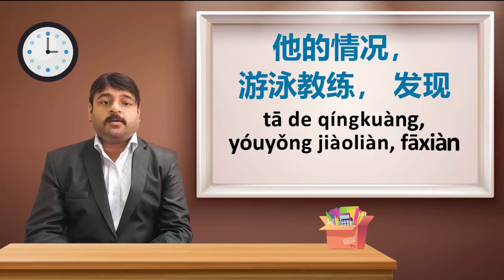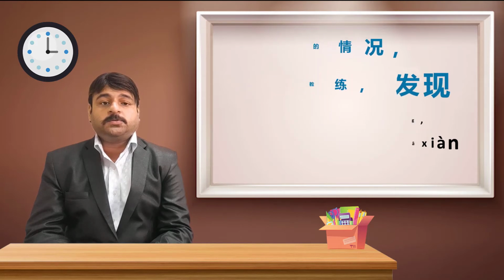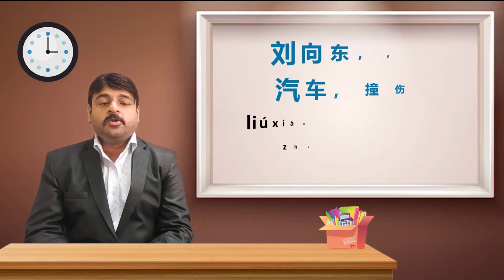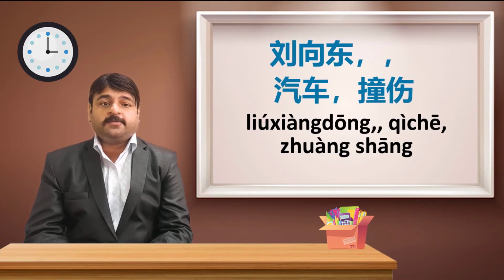他的情况 his situation. 游泳教练 a swimming coach. 发现 discovered. His condition was discovered by a swimming coach. 那辆汽车 that car. 我哥哥 my elder brother. 开走 ride or rode over. 刘向东 that is the name of a person. 汽车 a car. 撞伤, 撞 is to hit, 伤 injured.